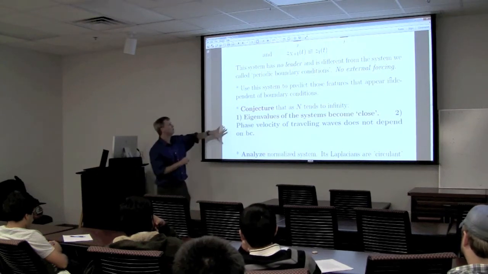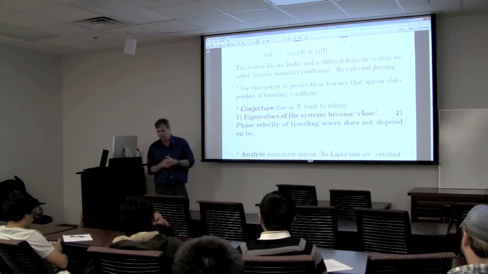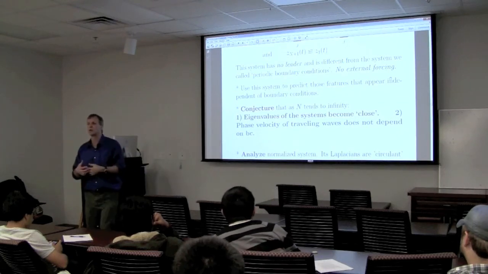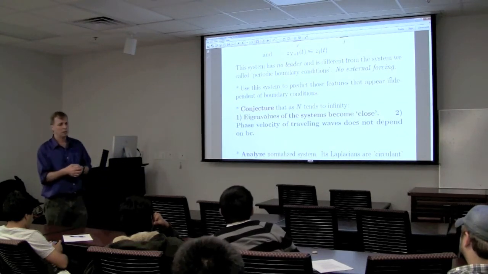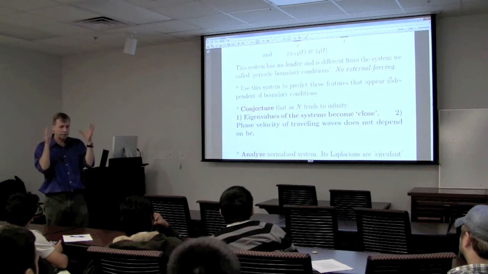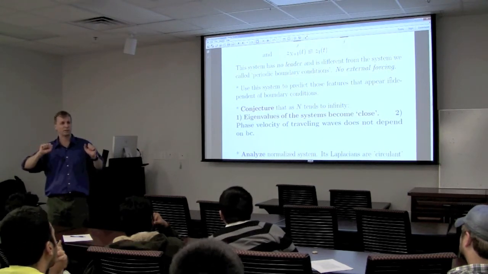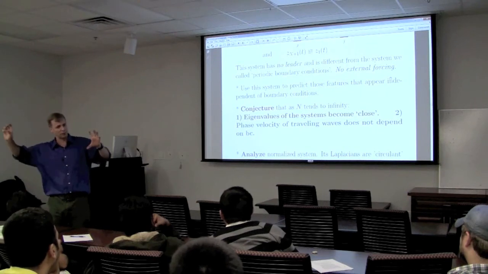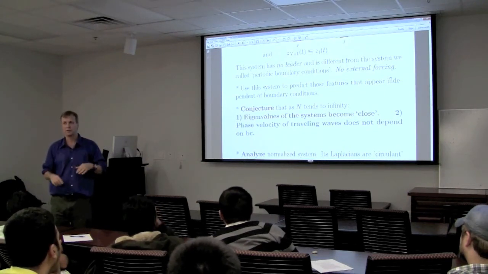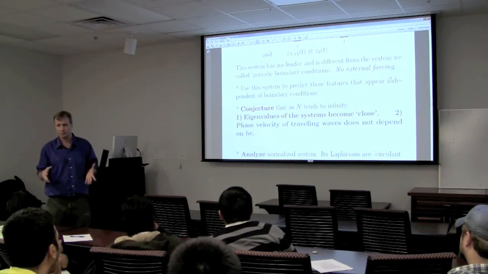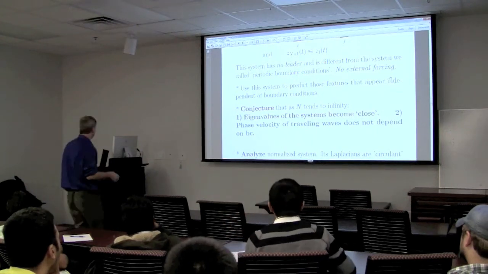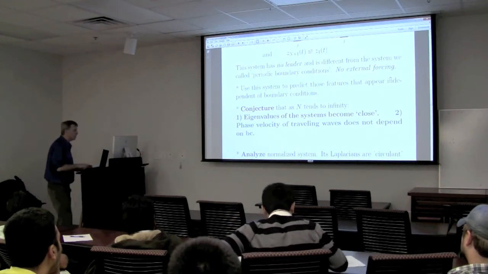I also need to know that the eigenvalues of the system, in some sense of the word, become close. So if I take a million-dimensional system, I twiddle with a boundary condition, I sort of get the same eigenvalues as when I twiddle in a different way with the boundary condition. That's not necessarily clear. Okay, and those are the kinds of things.